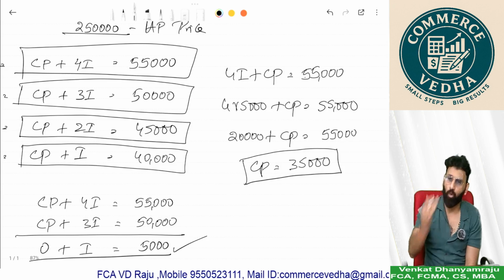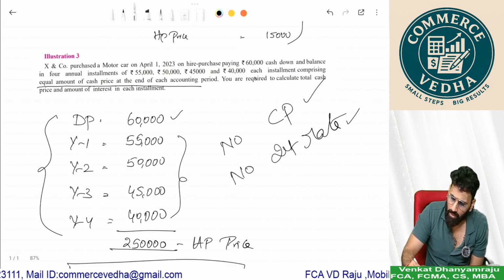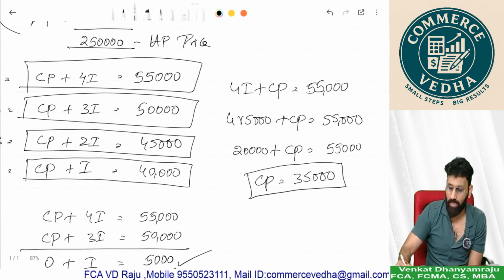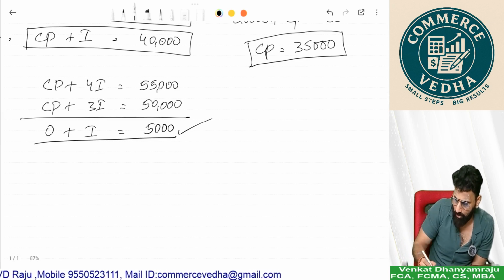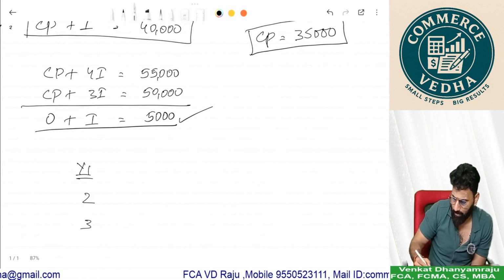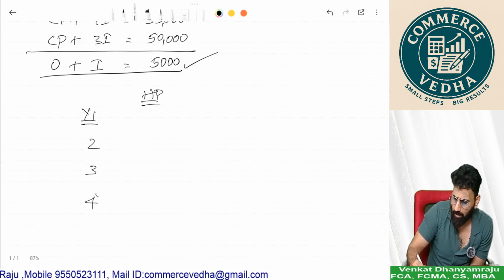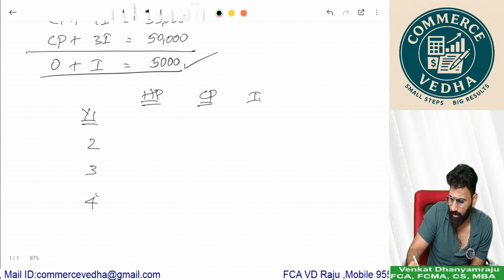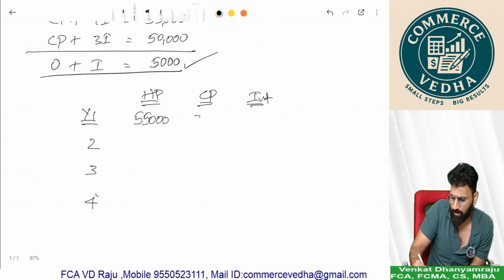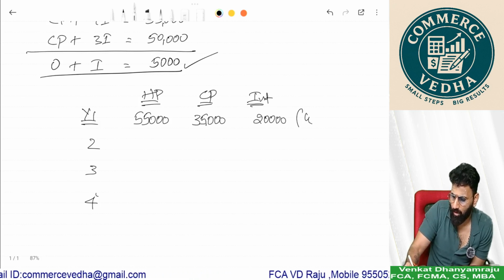Now my cash price I know, which is equal in all installments. The question says each installment comprises an equal amount of cash price. So for year 1, year 2, year 3 and year 4, I take the hire purchase price, cash price and interest. Year 1: hire purchase price 55,000, cash price constant 35,000, interest 20,000, nothing but 4 into 5,000.